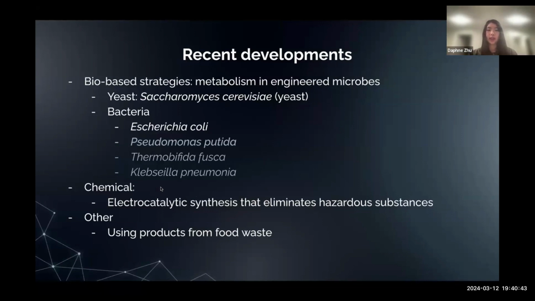Chemically, electrocatalytic methods can also help reduce the amount of hazardous waste that comes from nylon production. And we also saw that using feedstocks from food waste is a more sustainable option for nylon synthesis.